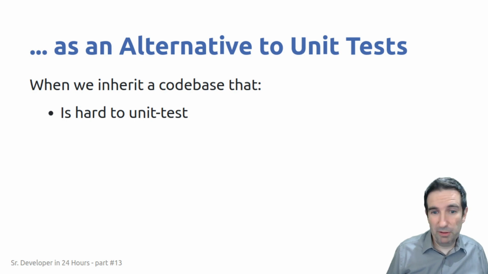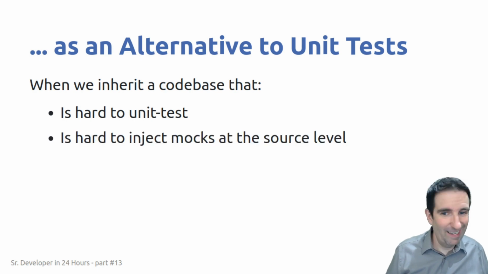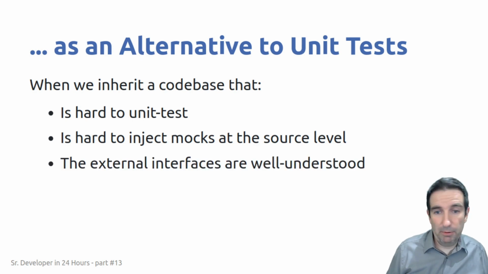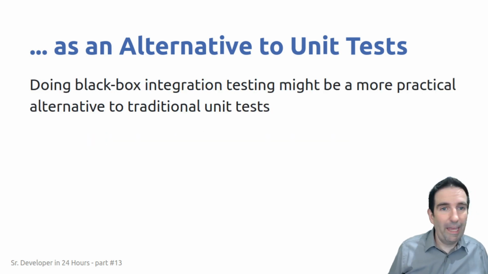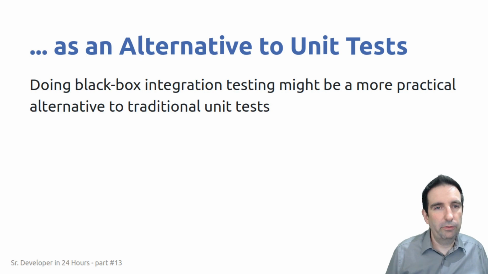If we have code that is really hard to test, hard to inject mocks at the source level, things like that, but we have external interfaces that are well understood, it might just be possible that doing black box integration testing is more practical than creating traditional unit test.